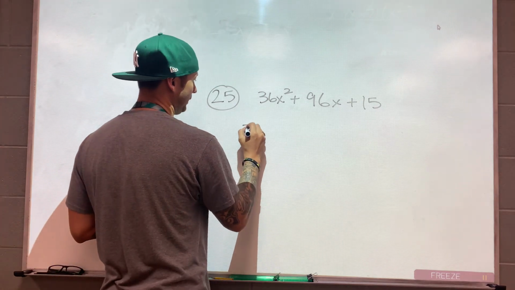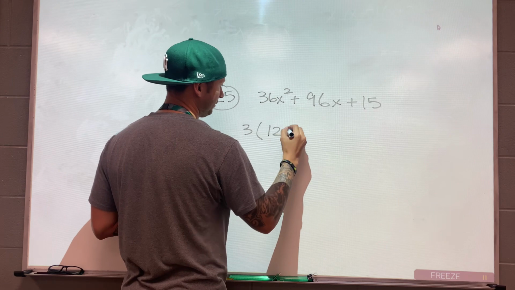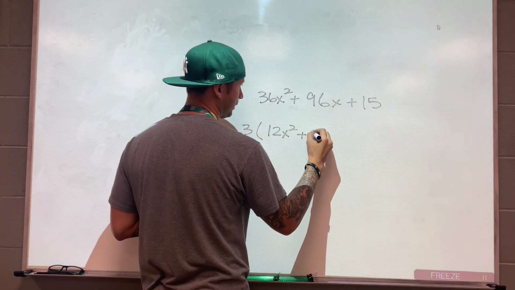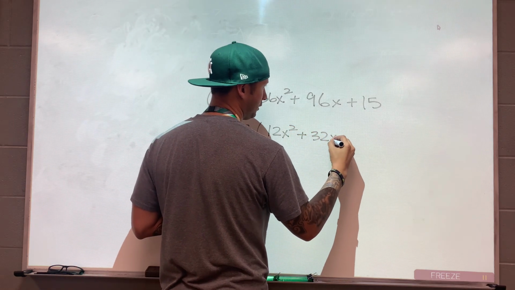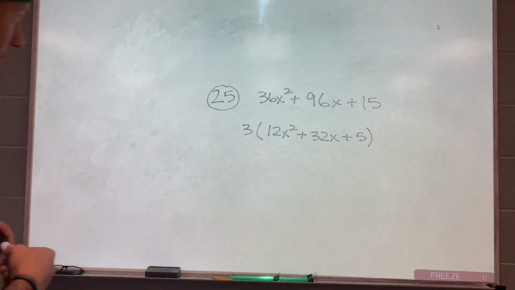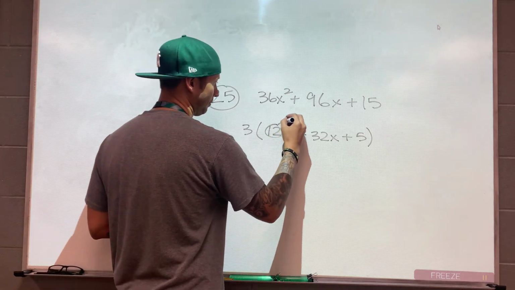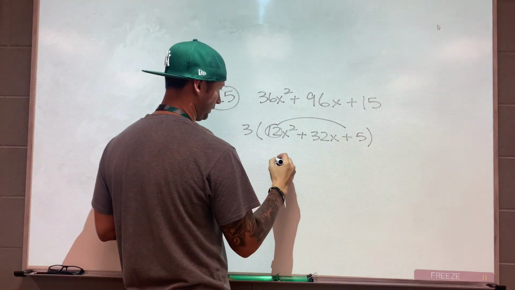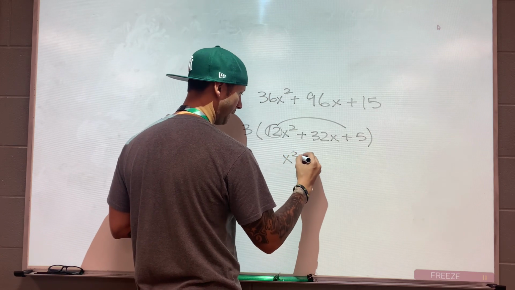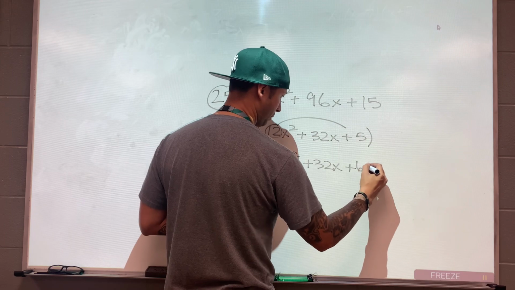So this is going to be 12, 32, 5. All right, nothing can be pulled out here, but stick to the script. So this is going to be x squared, 32x, plus 60.